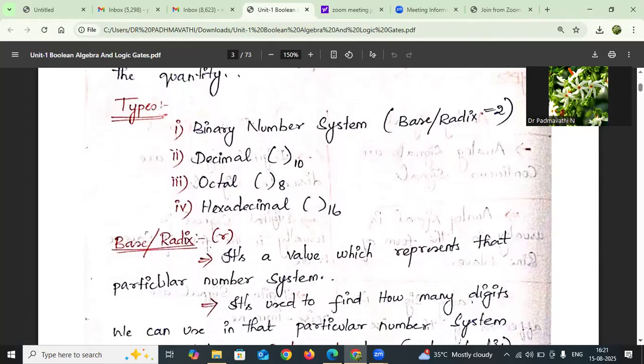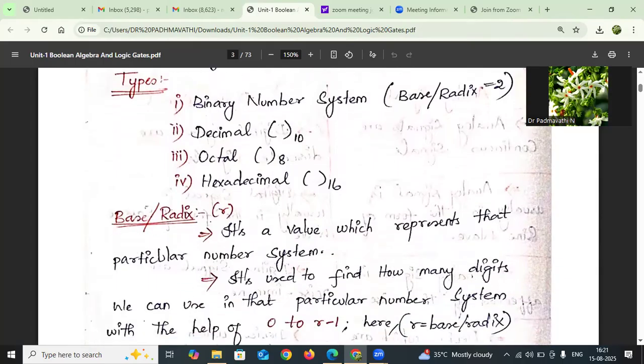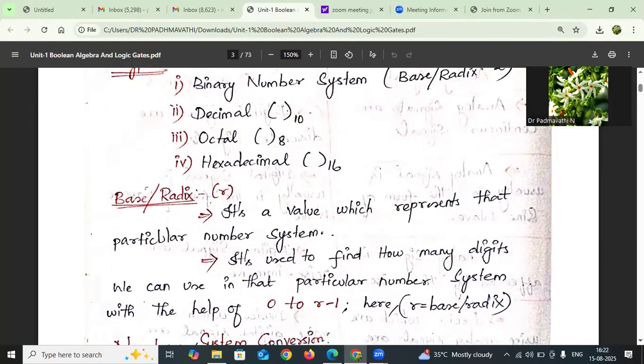What do we mean by base? It is a value which represents that particular number system, and it is called the base or radix. Already we know the radix for each and every number system type. It is used to find how many digits we can use in a particular number system, with the help of 0 to r minus 1.